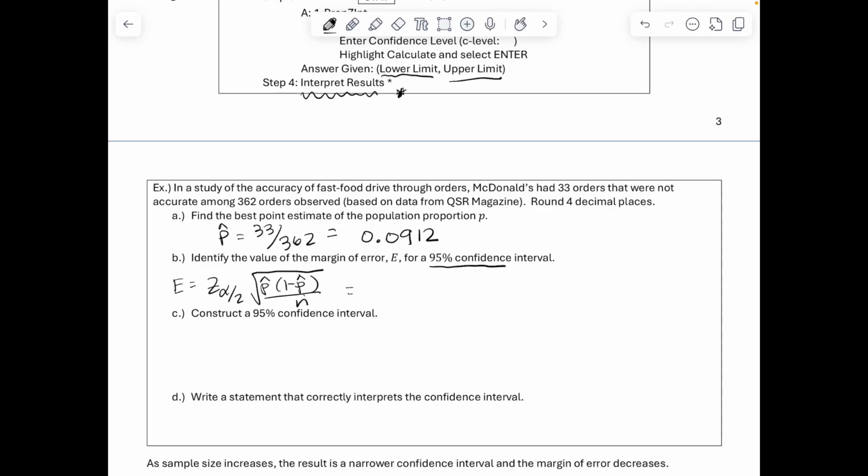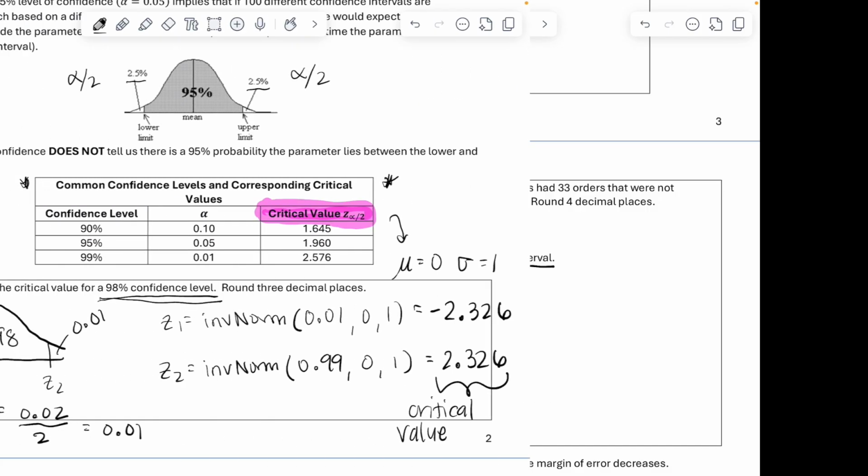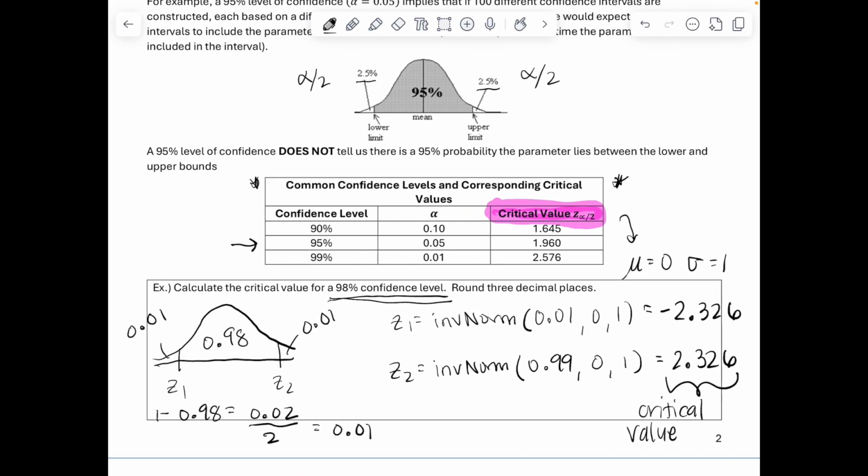We are dealing with a 95% confidence interval. If you look back on page 2, where we have 95% confidence interval, you'll notice that our z alpha over 2 value is 1.960. So I'm going to take that number and use it as my z alpha over 2 value.